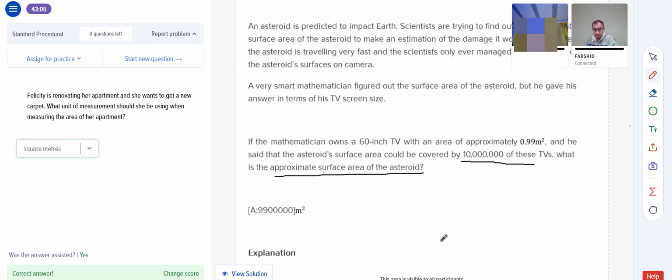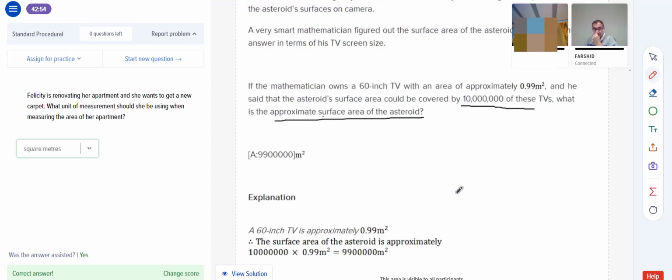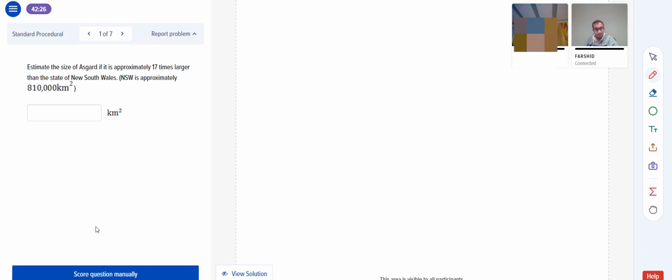So that's easy. You just need to multiply 10 million by the TV's area. The surface area of the TV is approximately 0.99, and 10 million of these is actually 9,900,000 square meter.